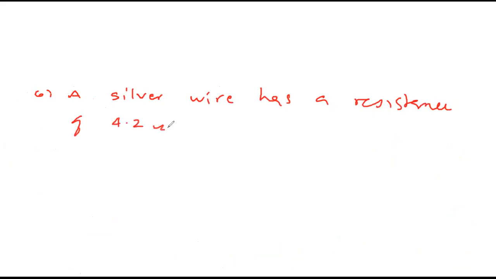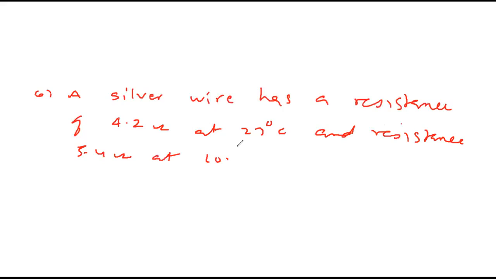A silver wire has a resistance of 4.2 ohm at 27 degrees Celsius and resistance 5.4 ohm at 100 degrees Celsius.